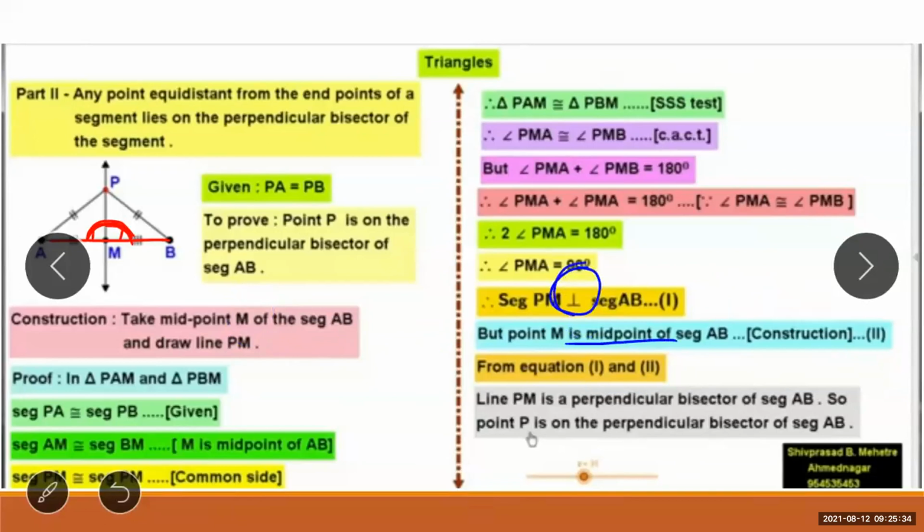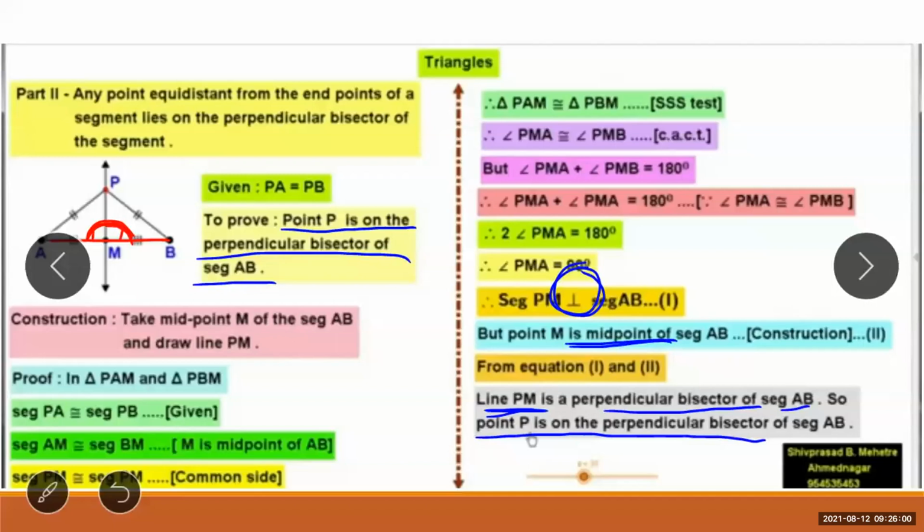So perpendicular bisector. So line PM is the perpendicular bisector of segment AB and point P is on that perpendicular bisector, and we have to prove the same. Point P is on the perpendicular bisector of segment AB.